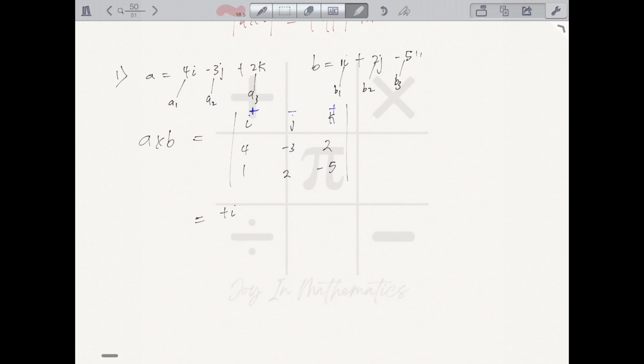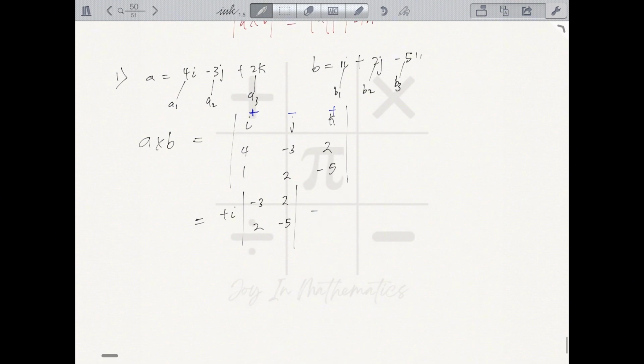Crossing out its row and column, we are left with minus 3, 2, 2, minus 5. Similarly, we move on to minus j. We eliminate the row and the column, and we are left with 4, 2, 1, minus 5.